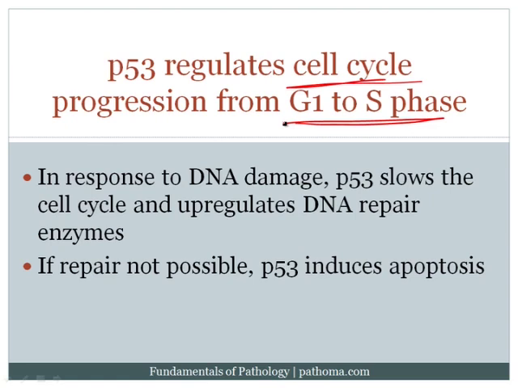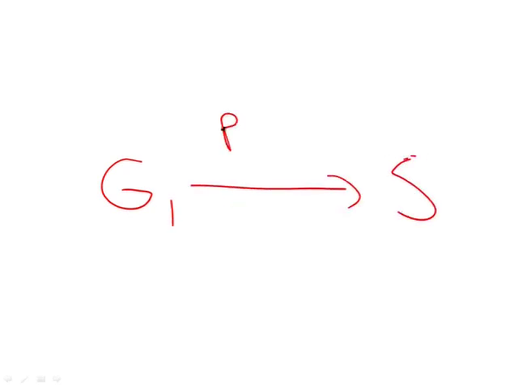And the way I think about p53 is sort of like a traffic cop. Let's take a whiteboard. Let's imagine that the cell would like to go from the G1 to the S phase. Before it can go from G1 to S phase, it's got to go past p53. When it walks past p53, p53 is like a traffic cop, and it basically says, all right, show me your DNA.